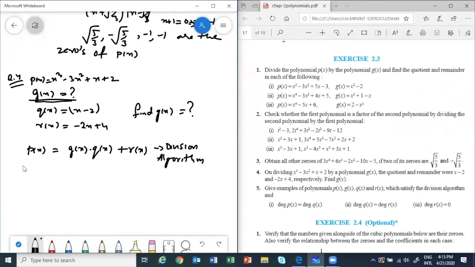So now let's substitute the things. What will happen? We'll have x³ minus 3x² plus x plus 2 equal to g(x), we don't know, q(x) we know, it's x minus 2, and r(x) is minus 2x plus 4.